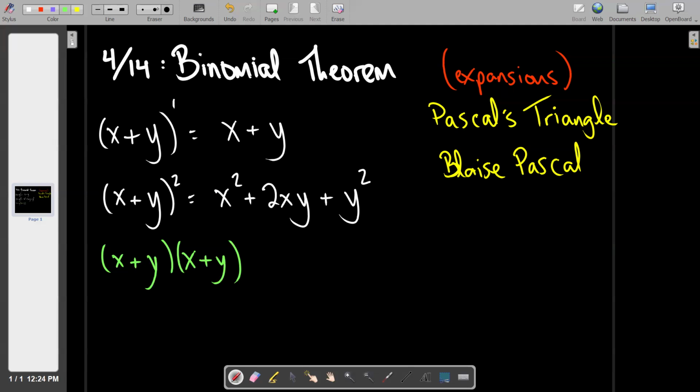This small example is enough to really make us appreciate, I hope, what we're learning today. We're going to manually calculate x plus y to the third. Again, we're going to expand it. Can you think of a good strategy for this?